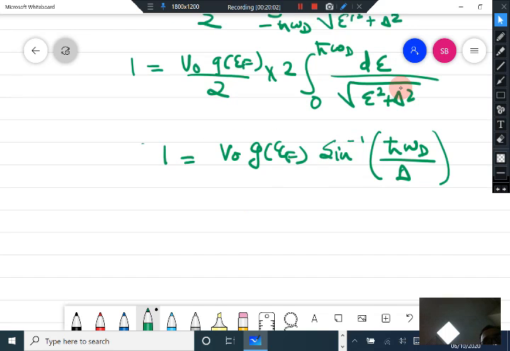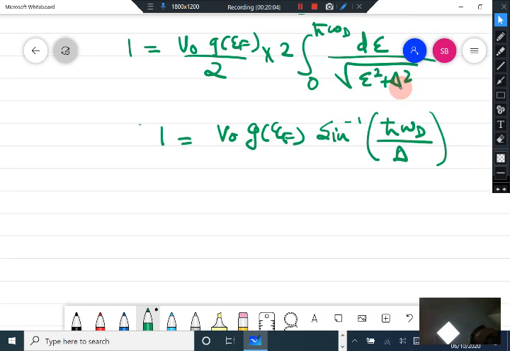This can be simplified, and you can show that delta is equal to twice h cross omega d.